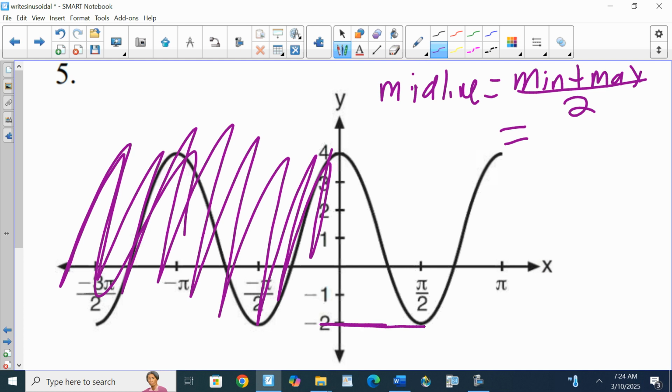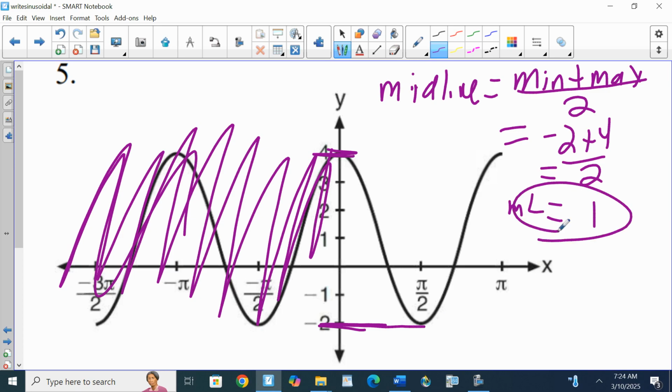So the min is -2, the max is +4, so it's -2 plus 4 over 2. That is 1. So my midline equals 1. I can graph that in. The next piece of information I need is my frequency.